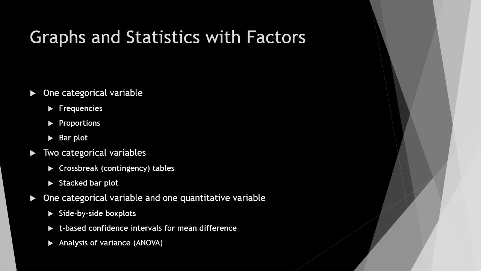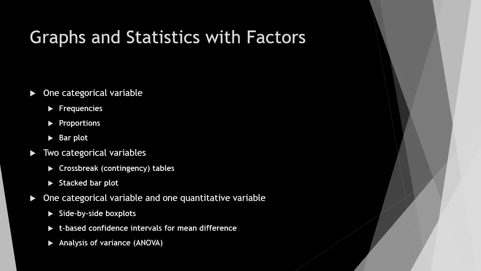We can look at the quantitative variable as a function of the factor or categorical variable to get t-based confidence intervals for the mean difference. If we have more than two groups in our factor, that is, more than two levels, we can use analysis of variance to both descriptively and inferentially analyze the relationship of the categorical and quantitative variable.